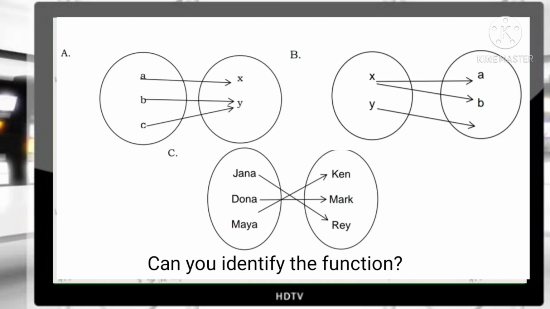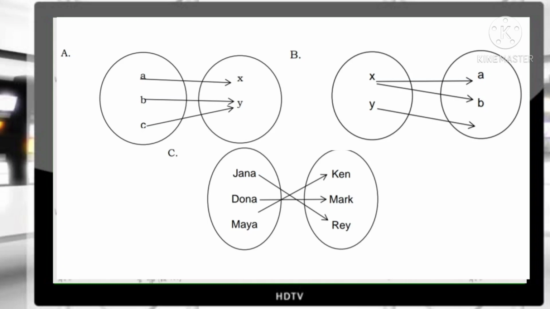Can you identify the functions? Take note that each element in the domain should be paired to exactly one element in the range.